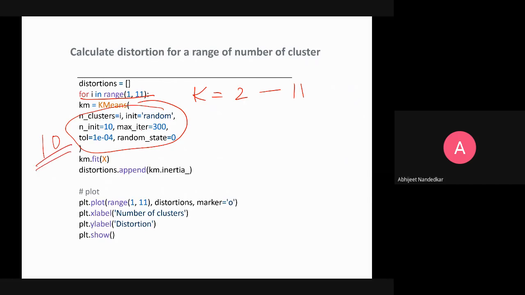We take the data, change the value of k and fit it, and then measure the distortion. The sum of square errors is sometimes also called distortion. So we find the distortion and append it here, one by one for each value of k, and then we plot it.